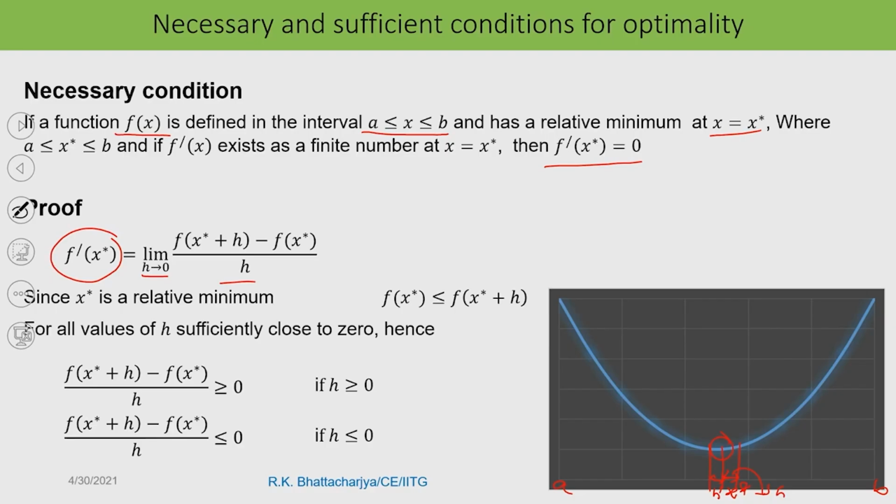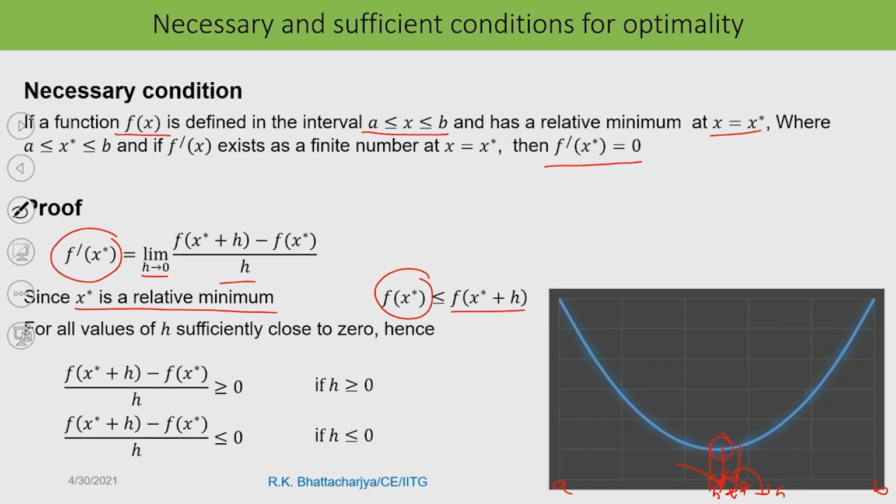Now, since x star is a relative minima, as already said in the definition itself, this is the point x star and x star is a relative minima. Therefore, f(x star) should be less than f(x star plus h). What does it mean?